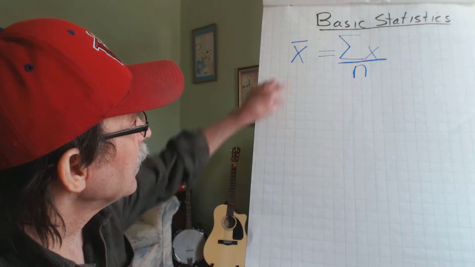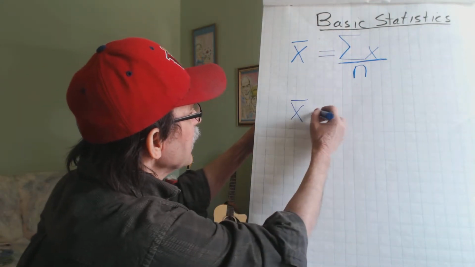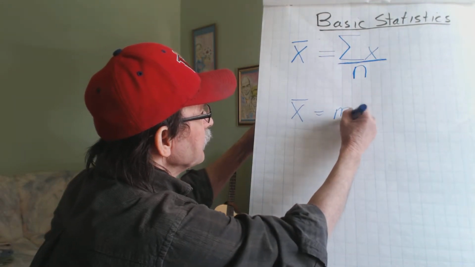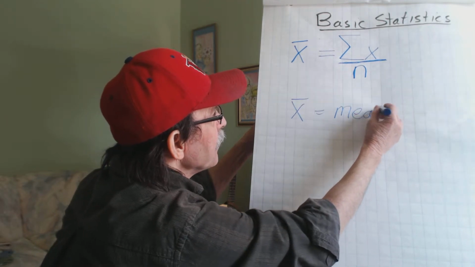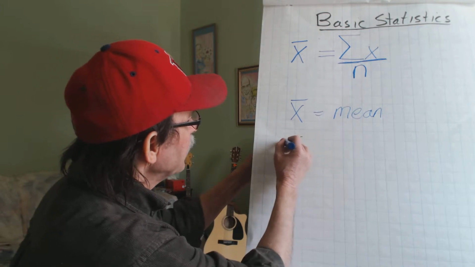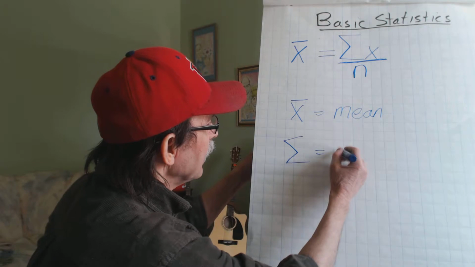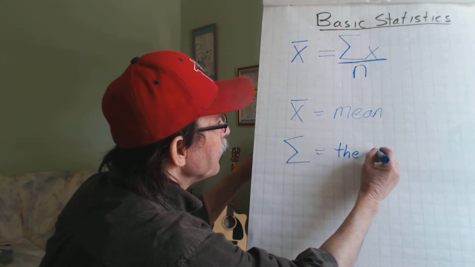Okay, so what does this all mean again? I'll just write it out. X bar stands for the mean. This guy here is the sum of.